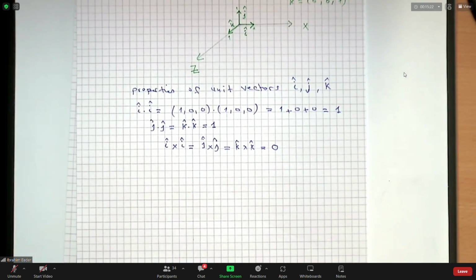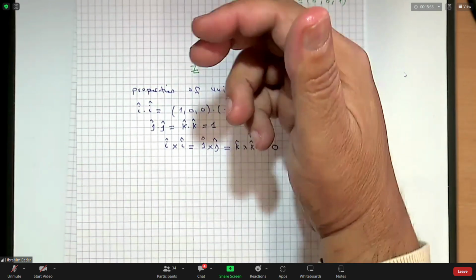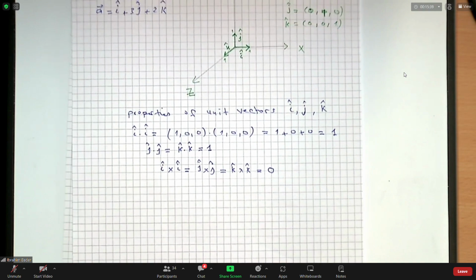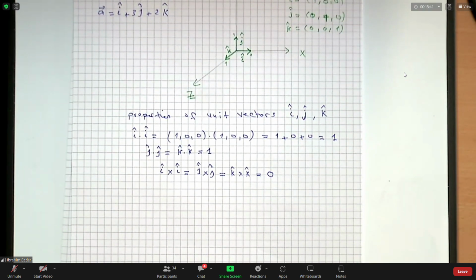Now comes a mixture, so you need to be a little careful. Now I times J. Here you can follow the right hand rule. What does it say?